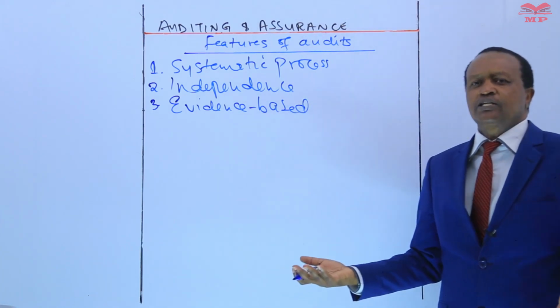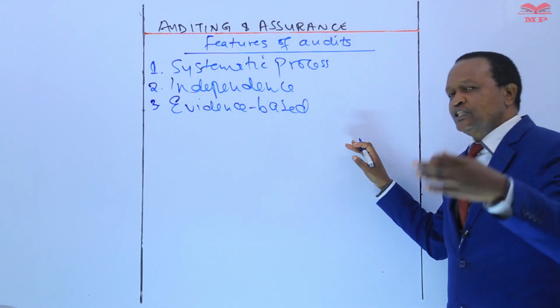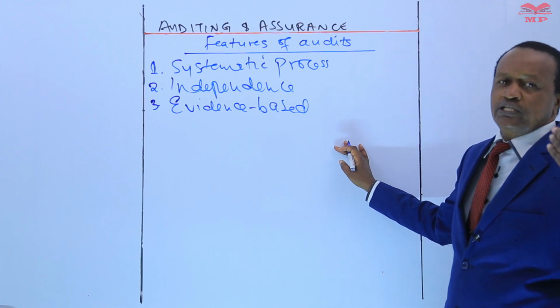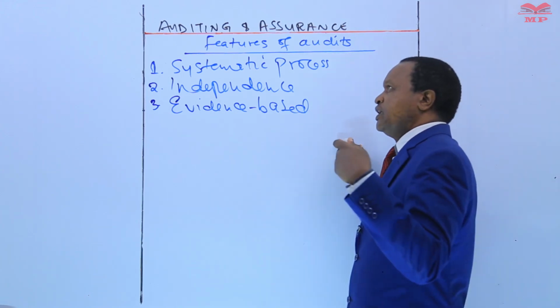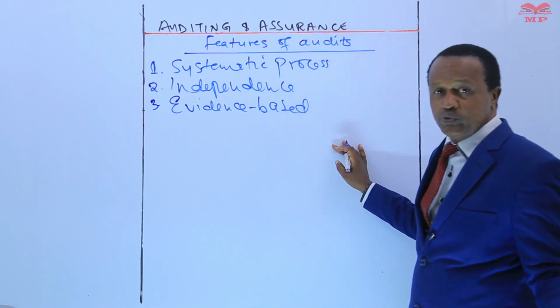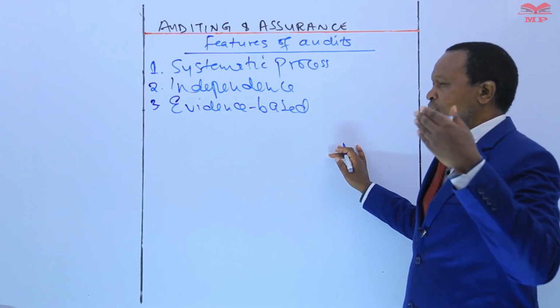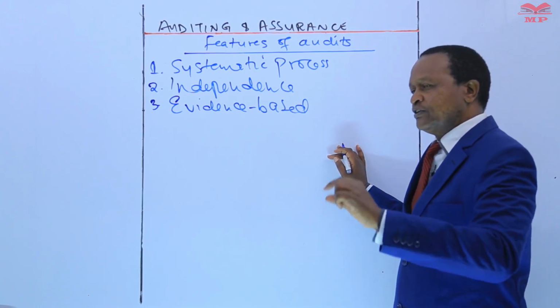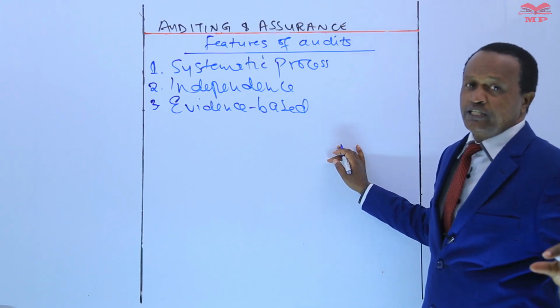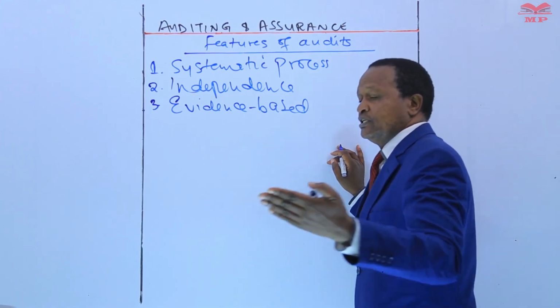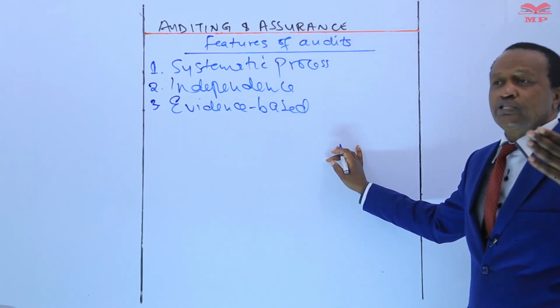This evidence may include financial records and documentation. They may have to carry out interviews. In seeking evidence, they can interview the workers, the management, the suppliers, and so on.